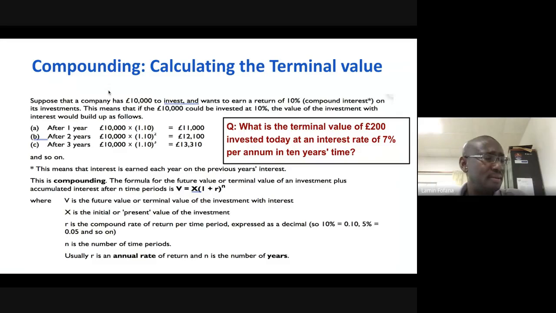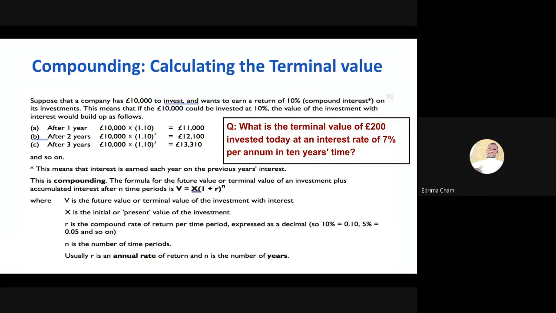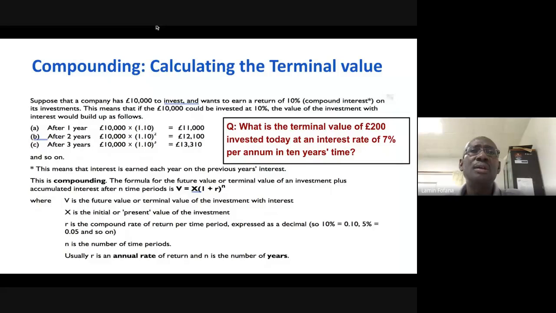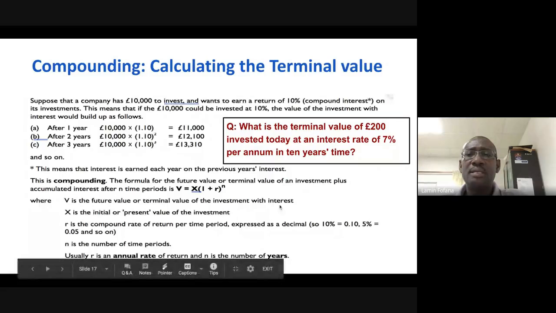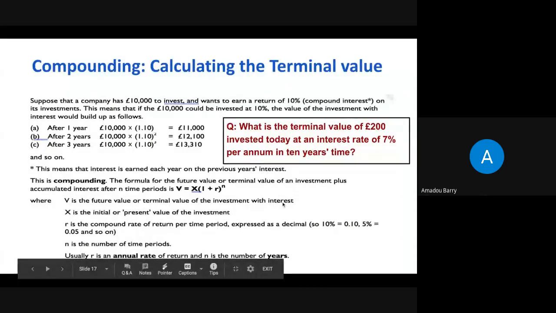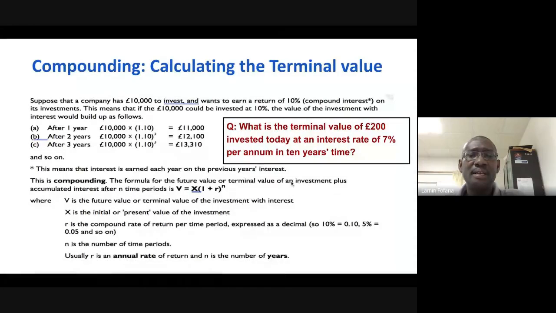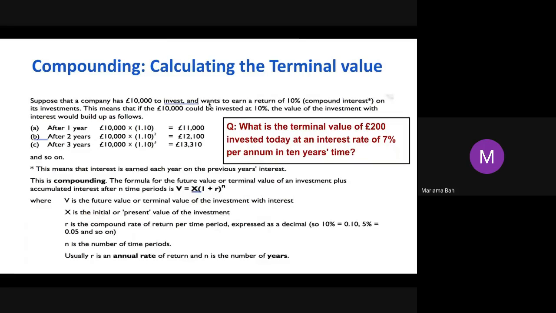How much did you get? 13,310. That's exactly what you should get. I didn't get that. I got 13,300.